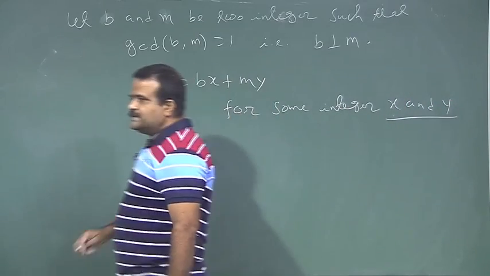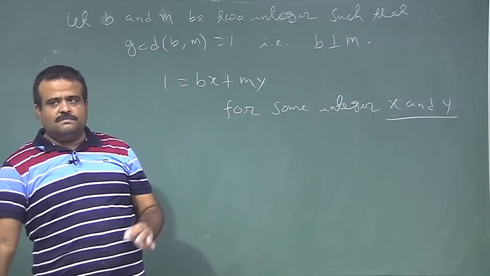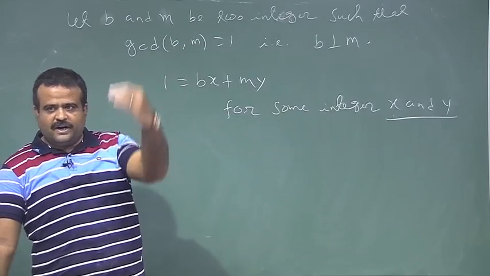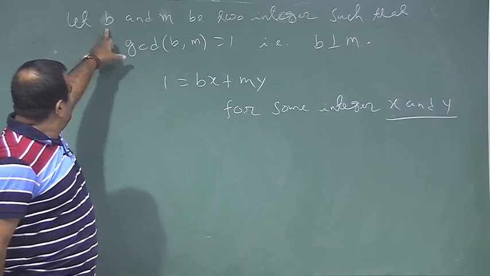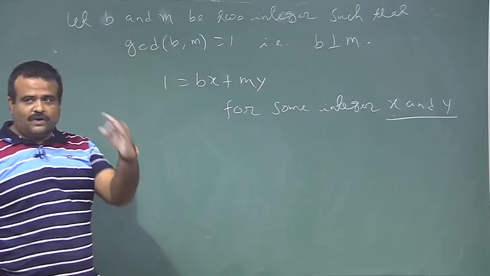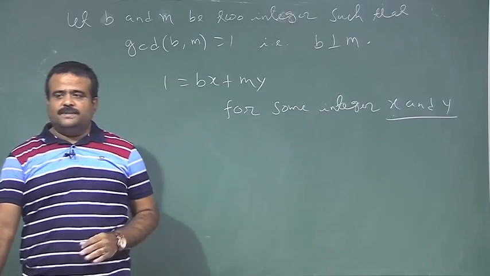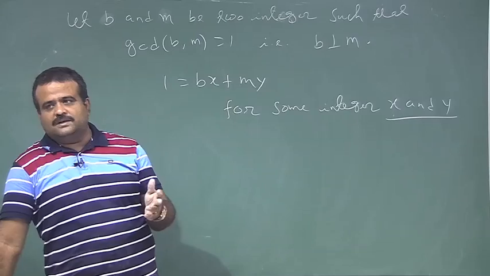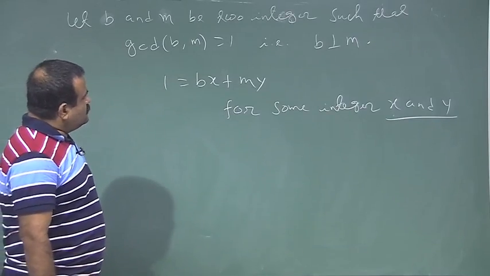This x and y come from running the Euclid algorithm. Every time we write the remainder as B x_k plus M y_k. Eventually it ends up with remainder 0, r_{n+1} is 0, and the previous remainder is the GCD.